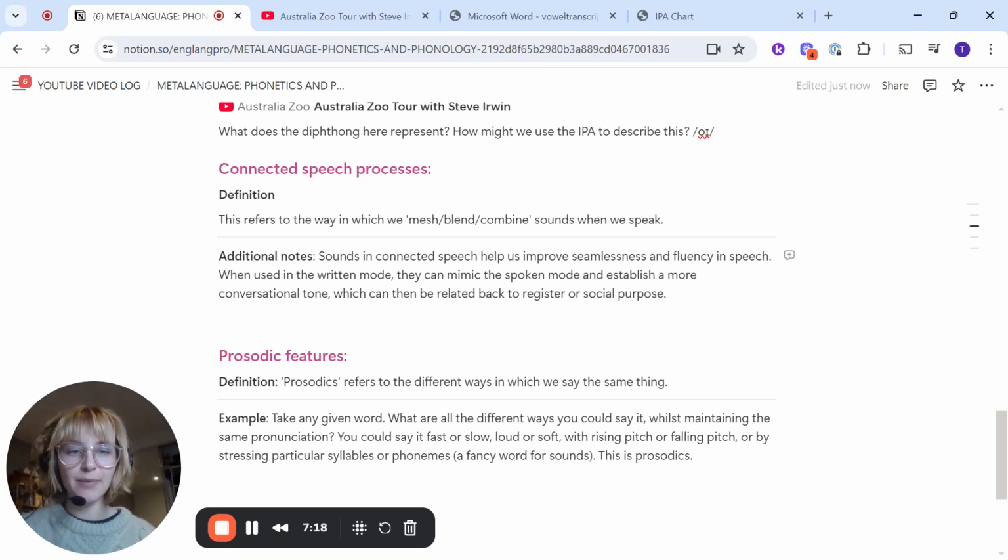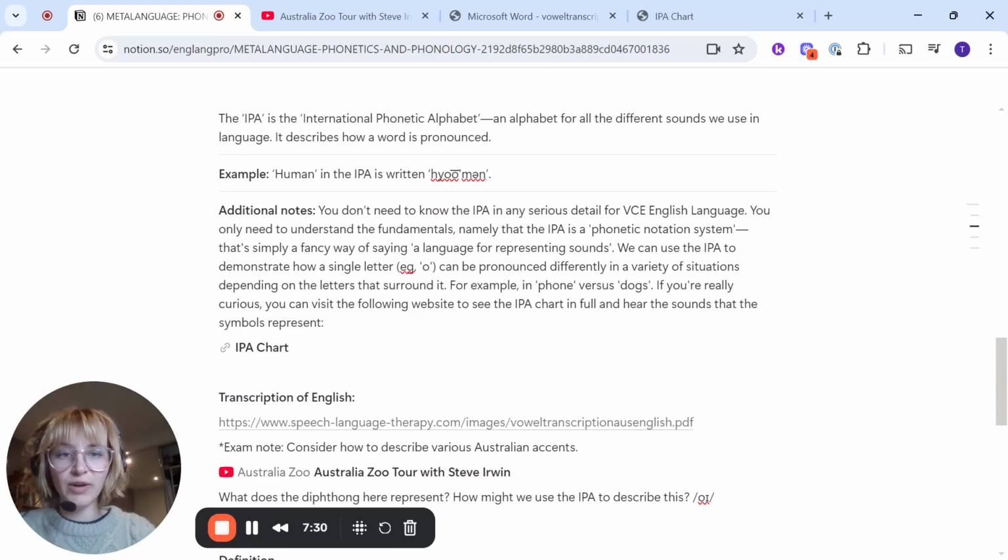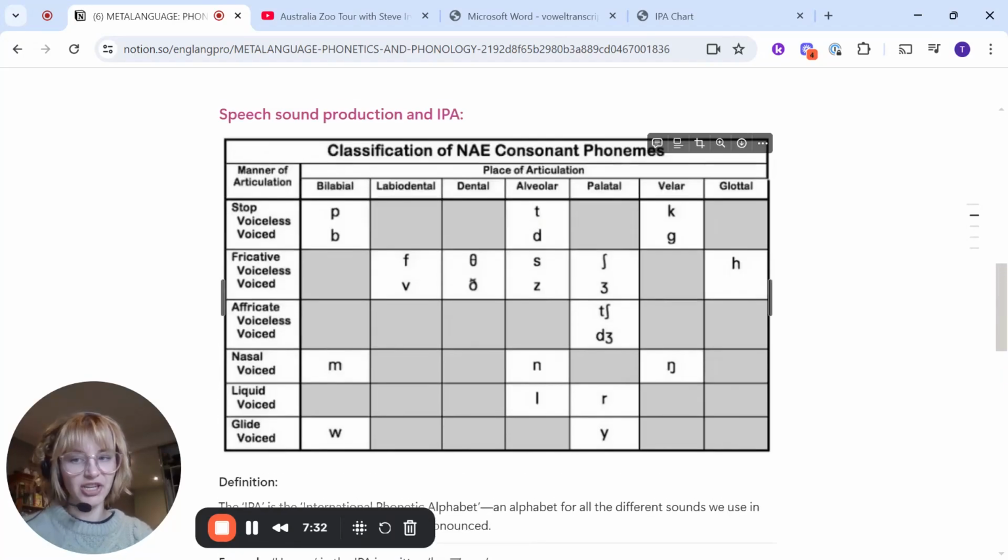So an example is assimilation. And there are 4 that you need to know in your studies. Assimilation. And assimilation, when I told you guys about place and manner of articulation, assimilation is just moving or changing one sound in a word to another that's closer in place or manner of articulation. And a classic example of this is, would you rather say handbag or handbag?